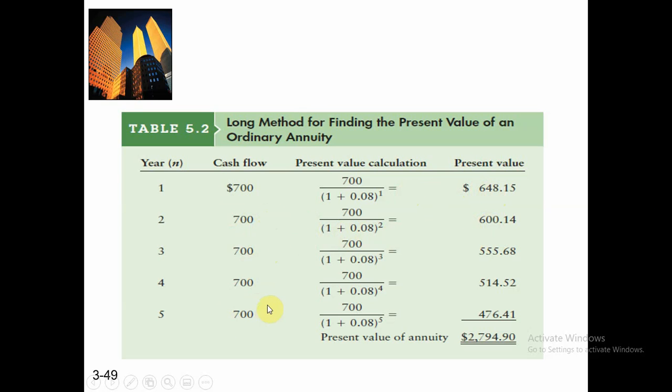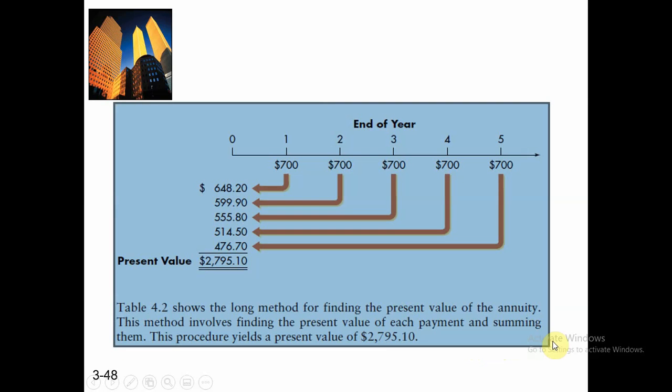If we convert the last 700 into present value, that will be 476.41. So if I am interested to buy this cash flow stream, this annuity plan, I need to pay a minimum of $2,794.